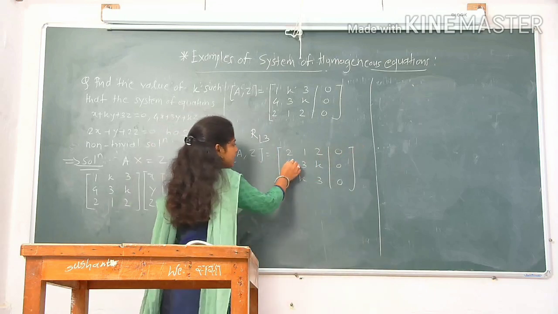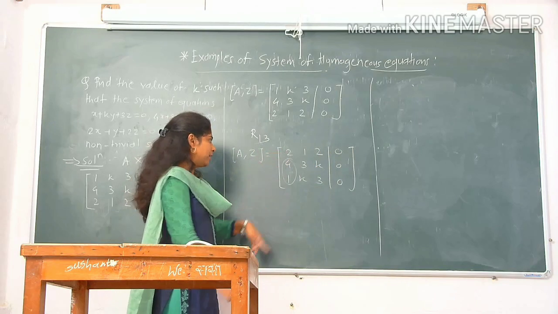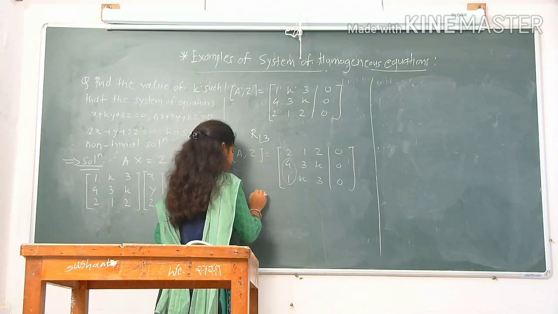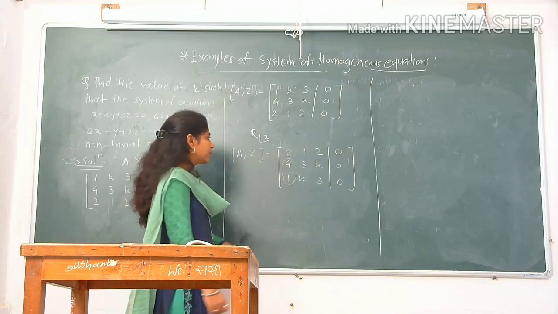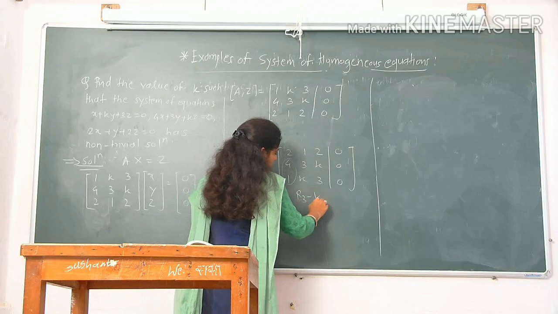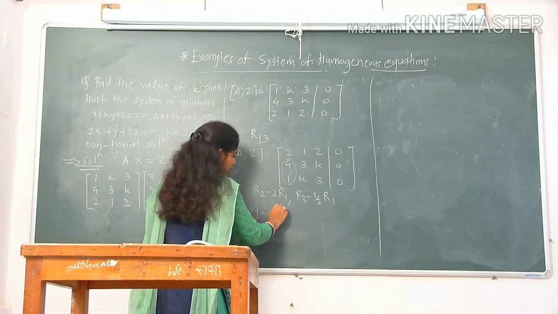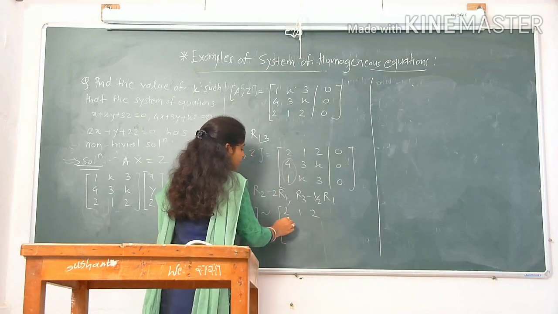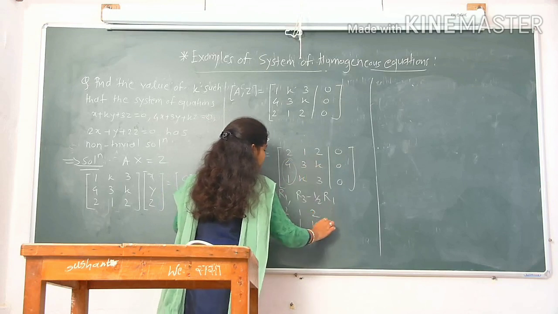Now we have to make these elements 0 by performing R2 minus 2R1 and R3 minus 1 by 2 R1. So the augmented matrix AZ is similar to: first row as it is; 4 minus 4 is 0, 3 minus 2 is 1, and k minus 2 into 2 is 4.